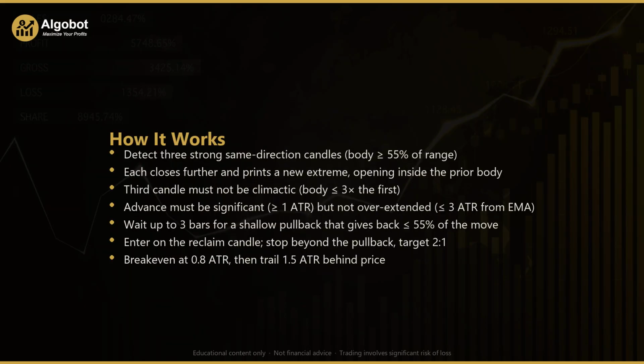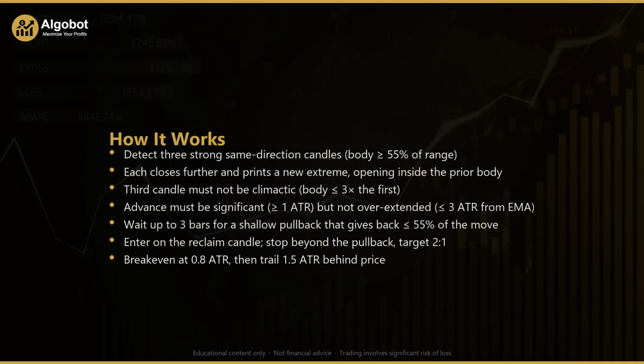Let's walk through the exact logic step by step. Everything begins with detecting a healthy 3-candle advance. For a bullish setup, the strategy checks the 3 most recently completed candles. Each one must be a strong candle, meaning its body is at least 55% of its full high-to-low range by default, so these are decisive candles, not indecisive ones.